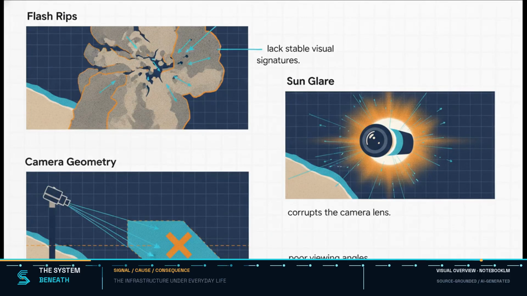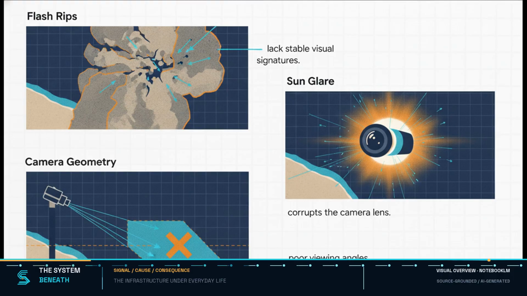But, and this is a massive but, the crucial point here is that this technology is definitely not perfect. It is a flawed instrument operating under strict system constraints, and we have to map out its failure paths. First up, flash rips. These are highly transient, sediment-filled plumes caused by short, choppy waves. They don't have stable visual signatures, making them incredibly hard for a vision model to lock onto.